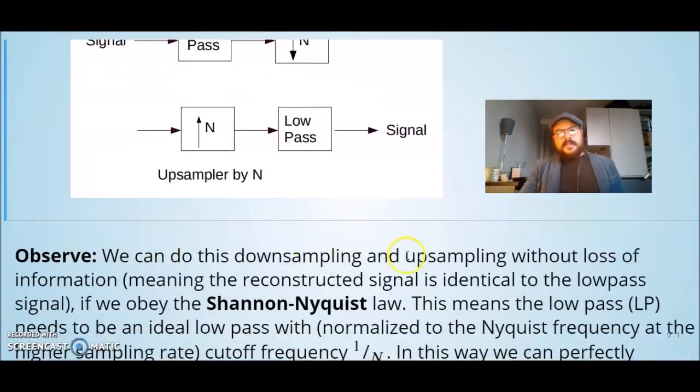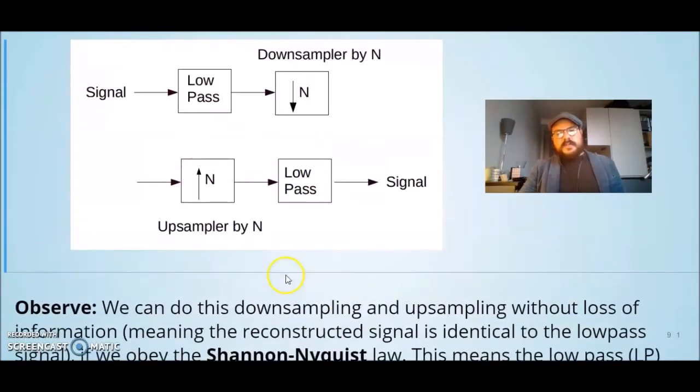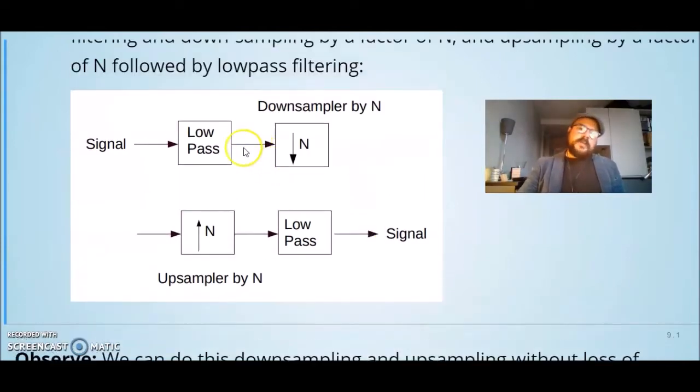As we said here, we reconstructed our signal identical to the low-pass version before downsampling. So at this point, we had a signal at 32 kilohertz band limited to 8 kilohertz. And at this point, we have a signal at 32 kilohertz band limited to 8 kilohertz.